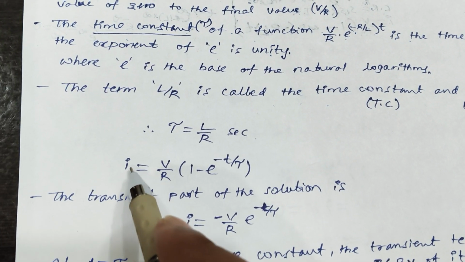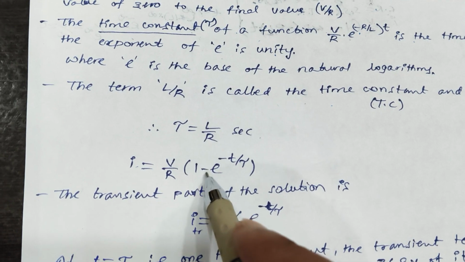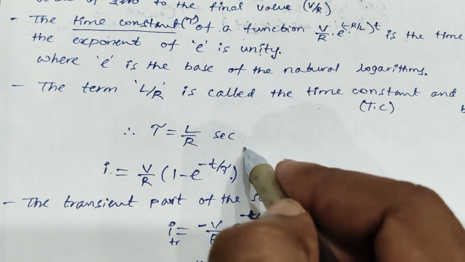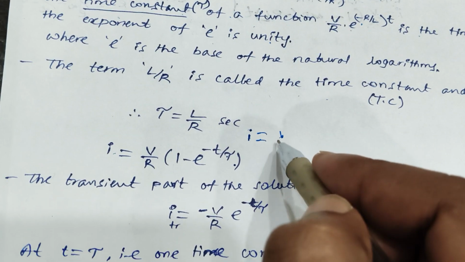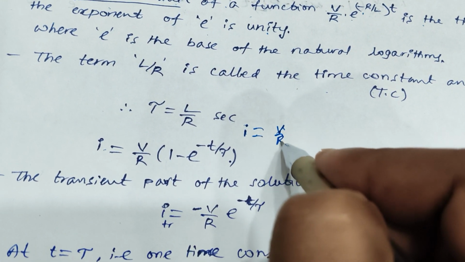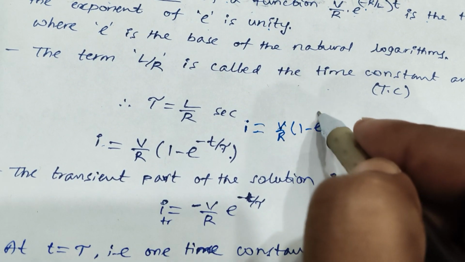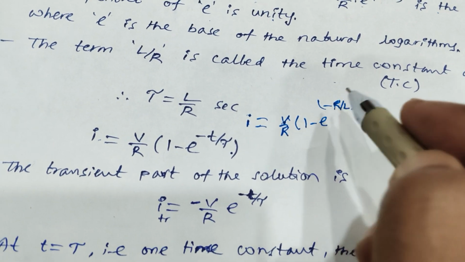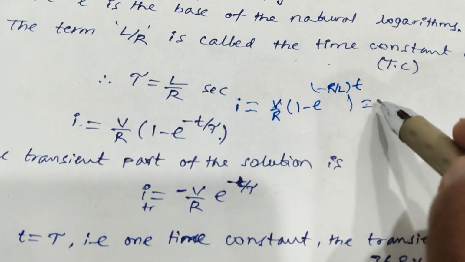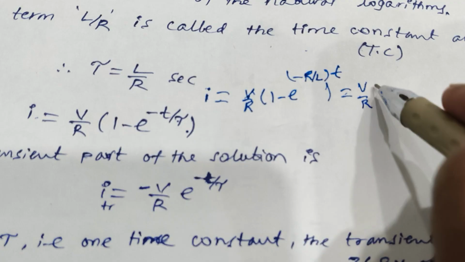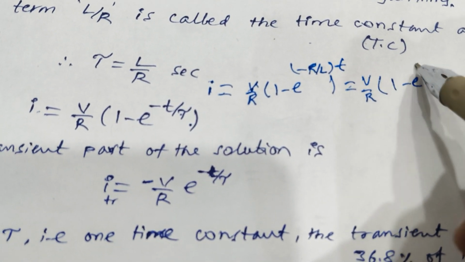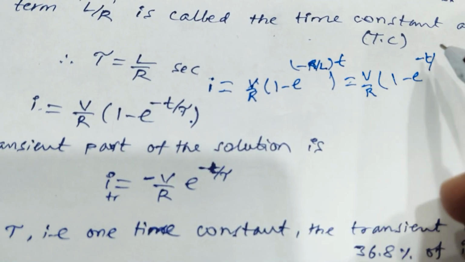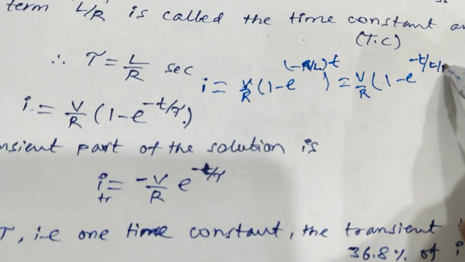Now if you see here, the overall current I is equal to v by r into 1 minus e power minus t by tau, because I have rewritten that equation, I is equal to v by r of 1 minus e power minus r by L into t. This e power minus r by L into t, I can write as v by r into 1 minus e power minus t, with r taken to the denominator so that it is L by r.